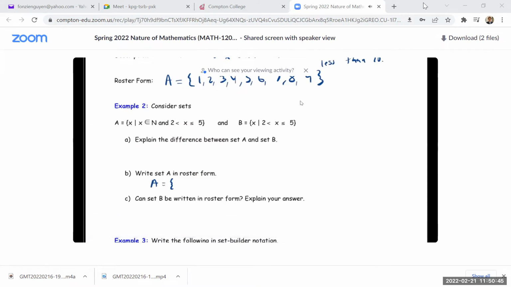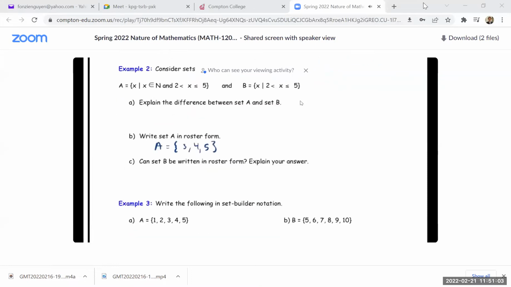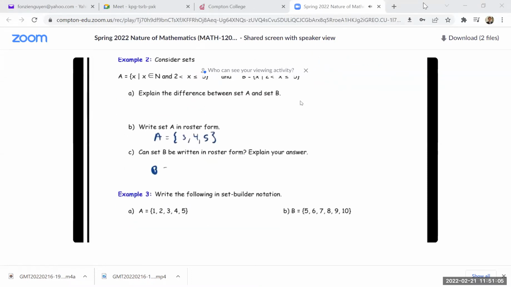Yeah, 3, 4, 5. Very good. See how this one is greater than 2, but less than or equal to 5. So that means we would write 3, but not 2, then 4 and 5. Very good. And then for set B, what would set B be?